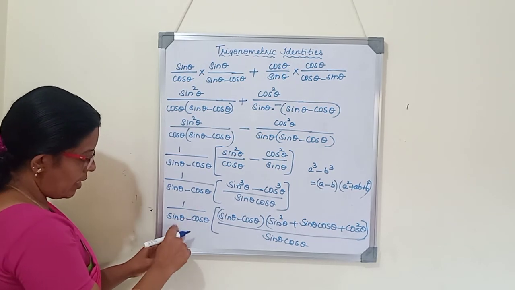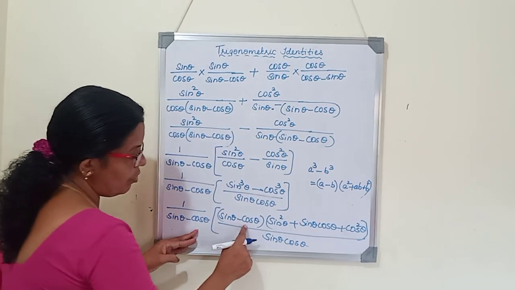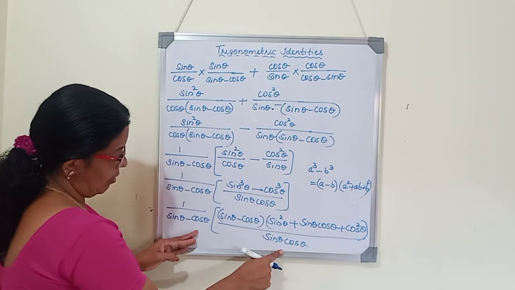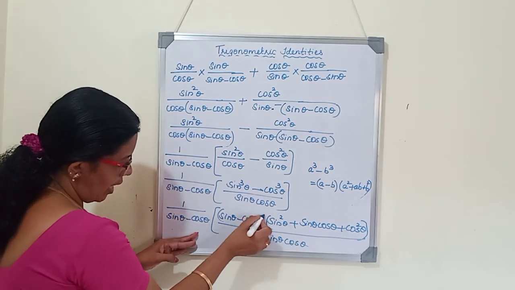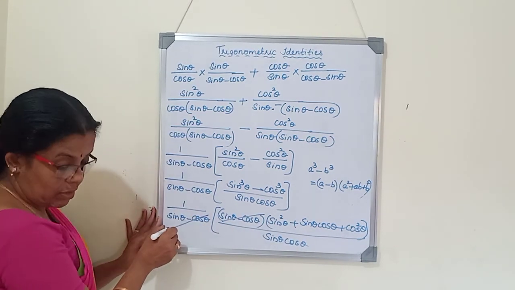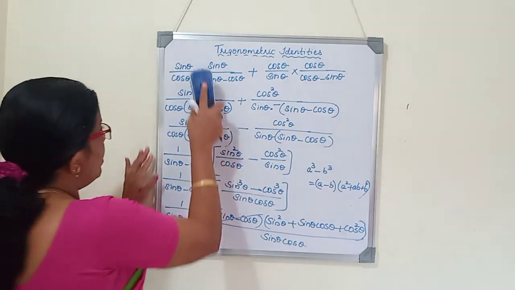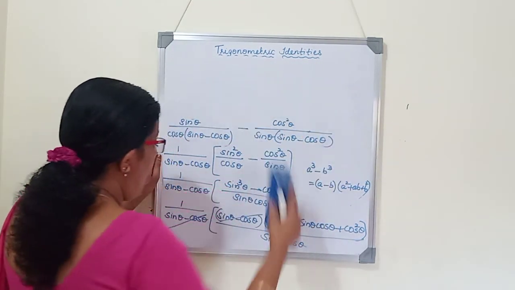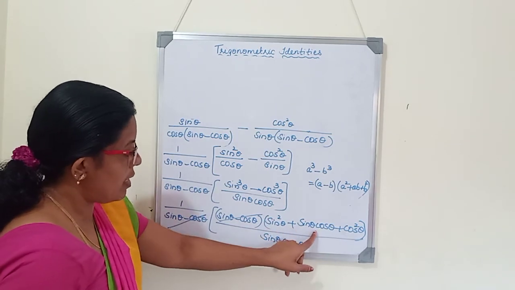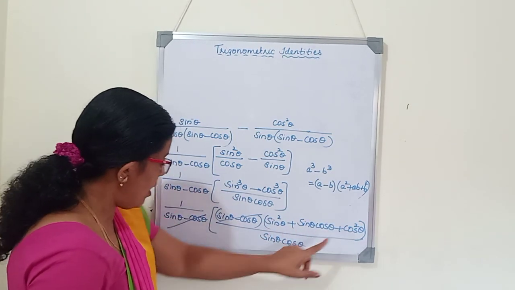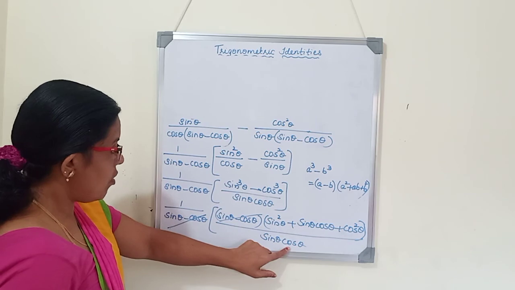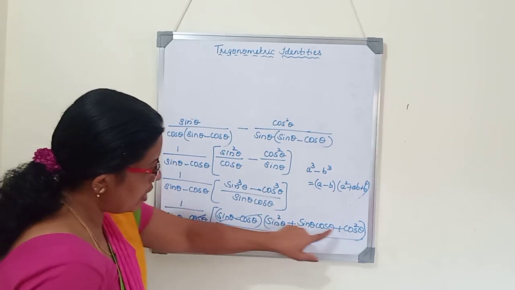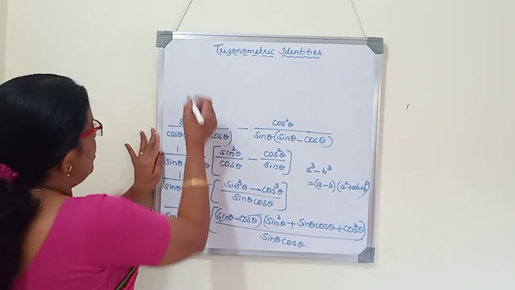Now this is the product, and sin minus cos and sin minus cos we will cancel. The remaining terms are sin square theta plus sin theta cos theta plus cos square theta by sin theta cos theta. So here, what is sin square plus cos square theta? It is 1.